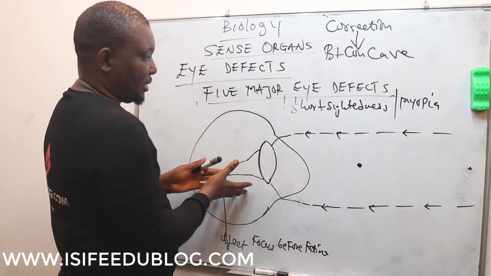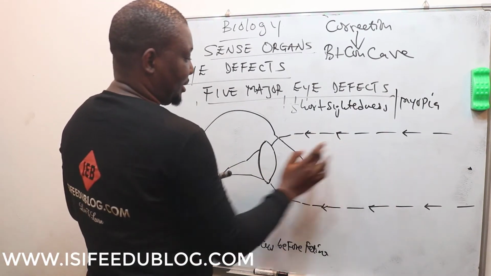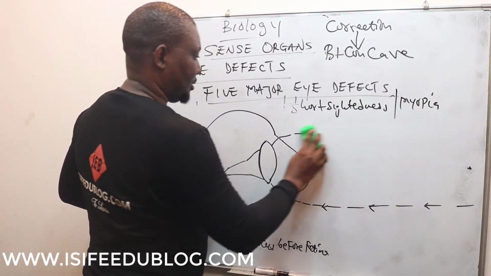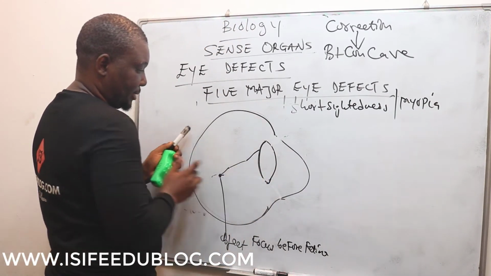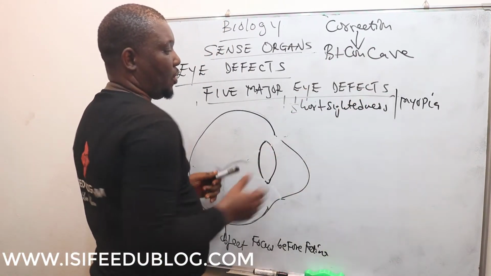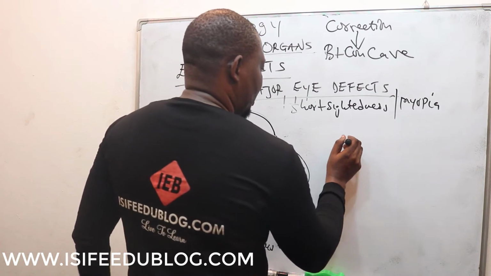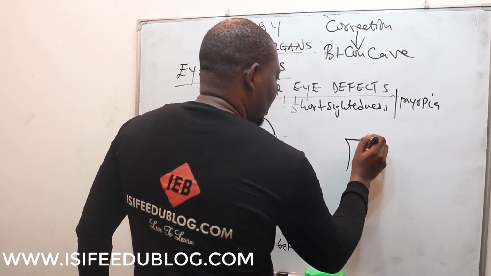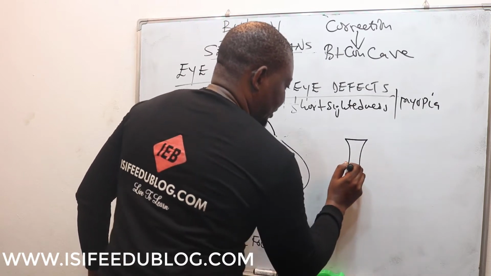So if I want to correct this, what I just need to do is place a lens and make sure that the lens is a biconcave. So there will be something that stands before the cornea starts to bend light.